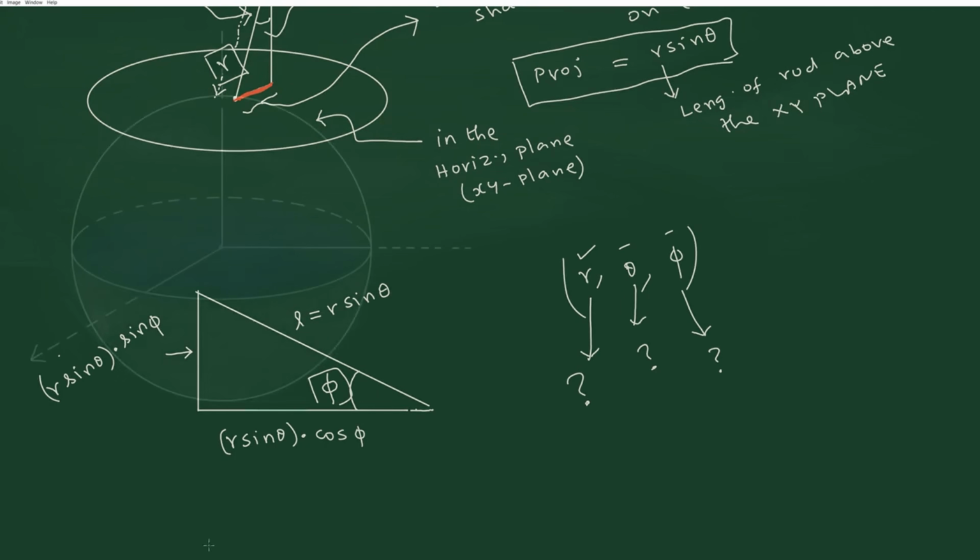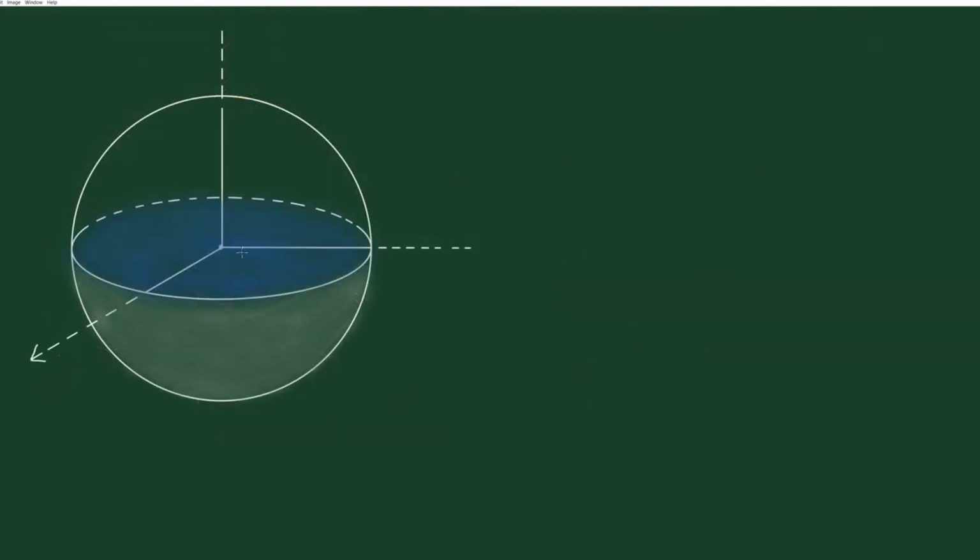So let me draw the sphere now. Okay, so here I have drawn a sphere. The blue shade that I am showing here is actually the xy plane. By the way, xy means I have to show here. This will be the x-axis, and let us say that this is the y-axis, and therefore this will be the xy horizontal plane.